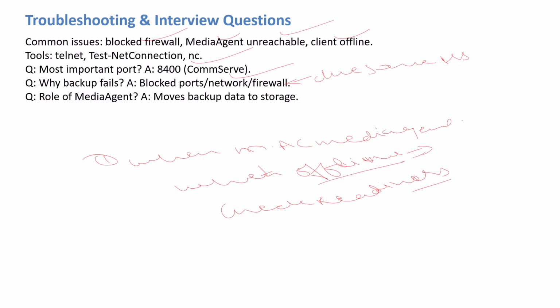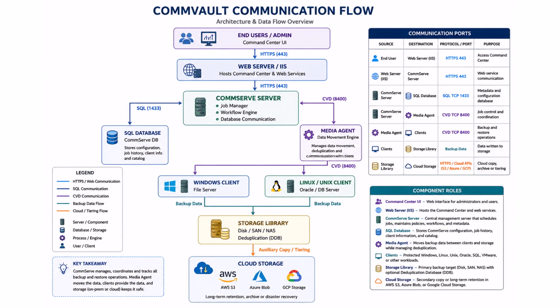Okay, let's jump to the workflow. Here we concentrate on the communication flow because it's very helpful for you to understand how data communicates and how you work on a backup tool, that is Commvault. Here's the end user, the admin, that's you. Command Center UI over HTTPS, that is 443, web server IIS hosts Command Center and web services.